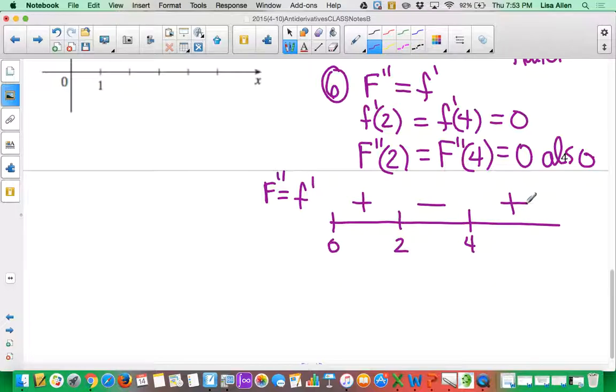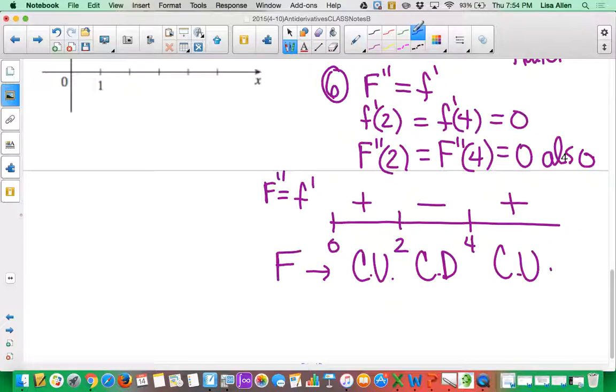So we know the information about the function f here is that when the second derivative is positive, then f is concave up. We know that f is concave down when the second derivative is negative, and again concave up after.